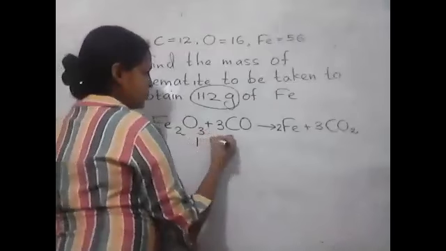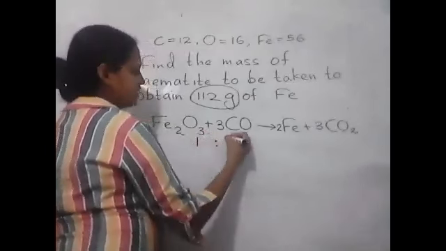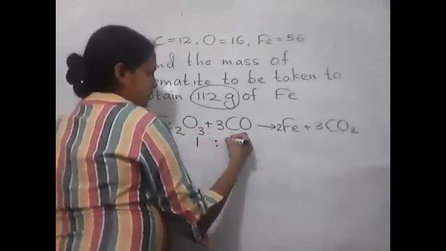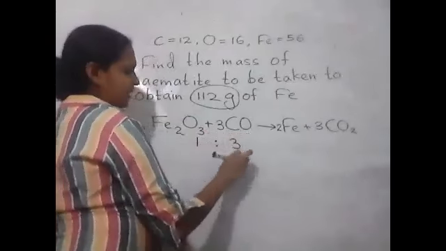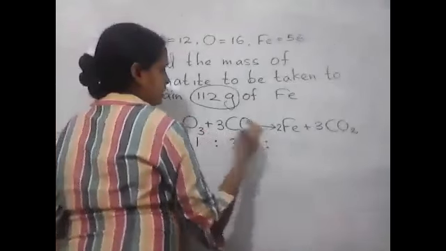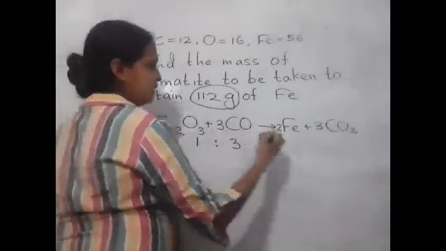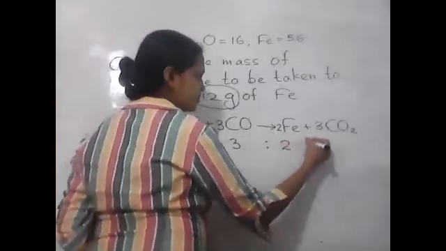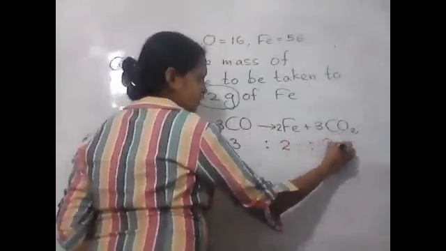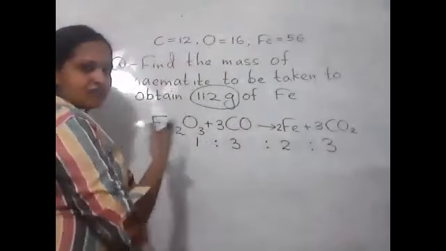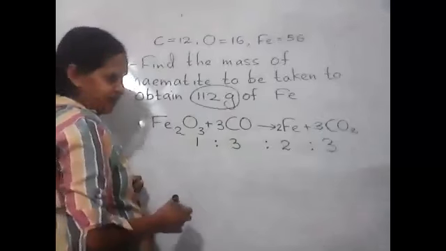Now the molar ratio is given as hematite to carbon monoxide 1:3, and when you use 1 mole of hematite, you will be able to produce 2 moles of iron and 3 moles of carbon dioxide. That is the meaning of this balancing.